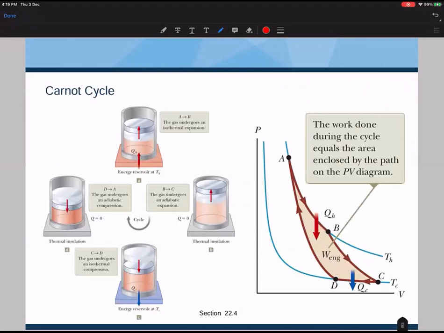So the Carnot cycle consists of four processes.